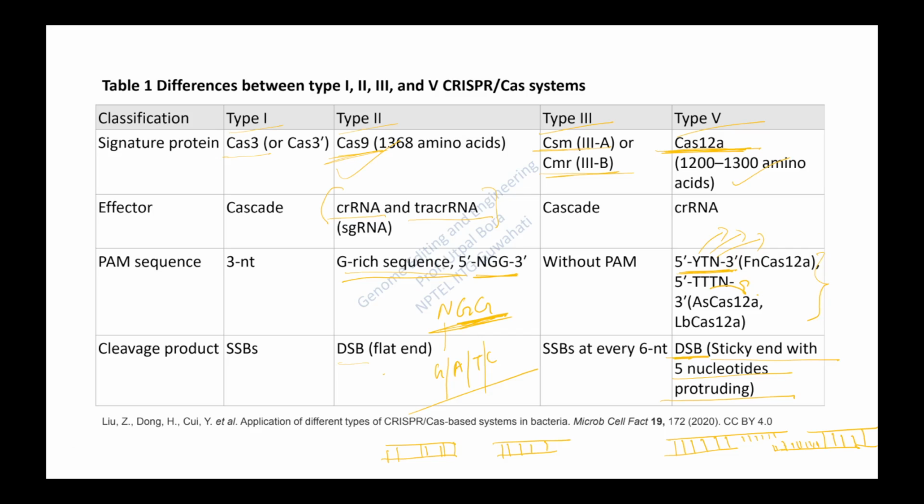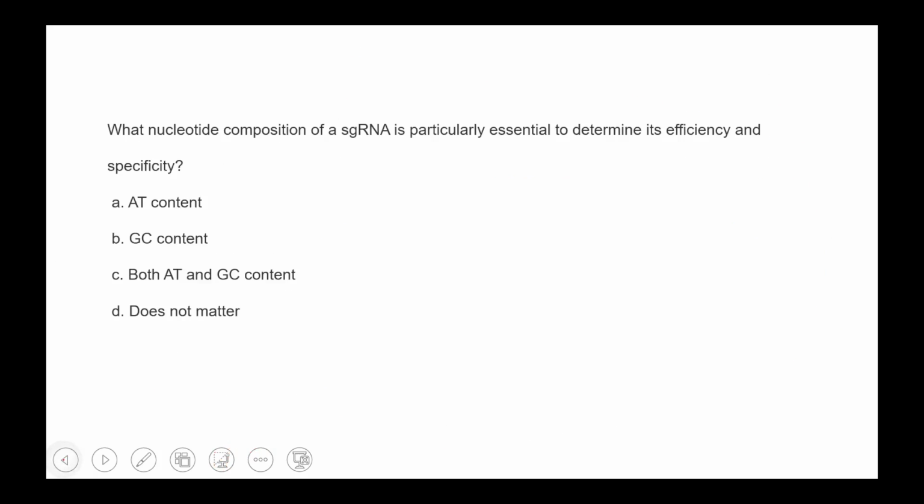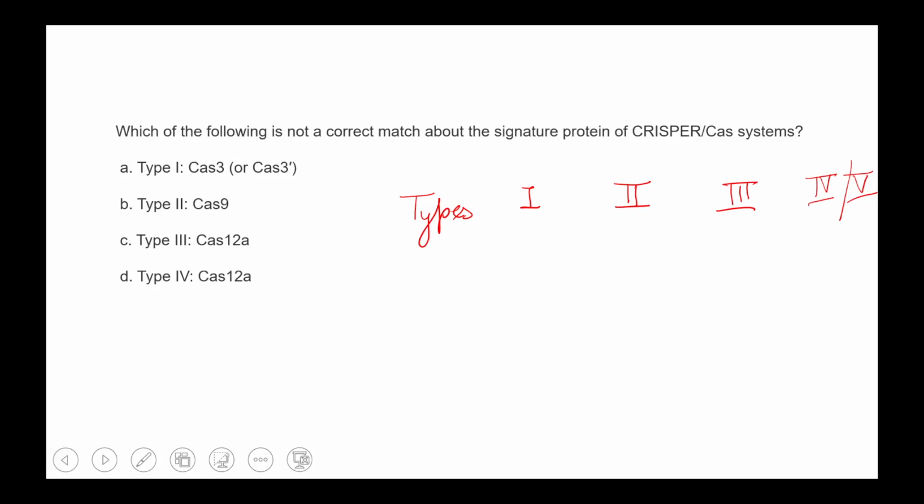This was the table, right? I think there could be a confusion, whether it is type 5 or 4. I need to cross check that.